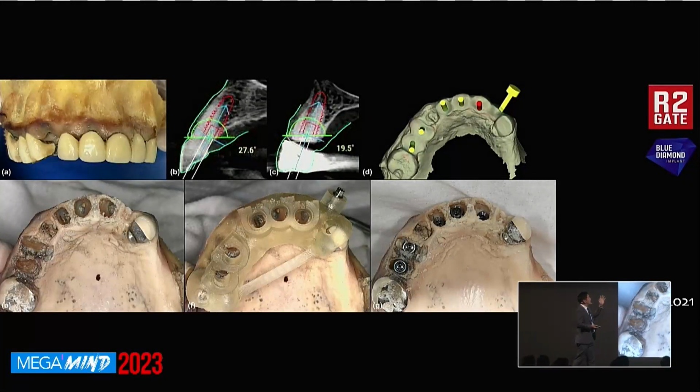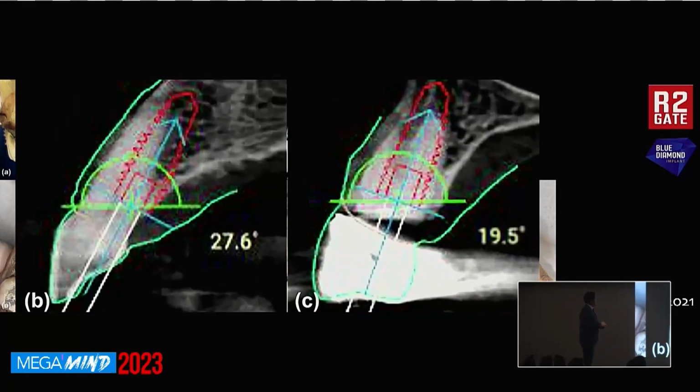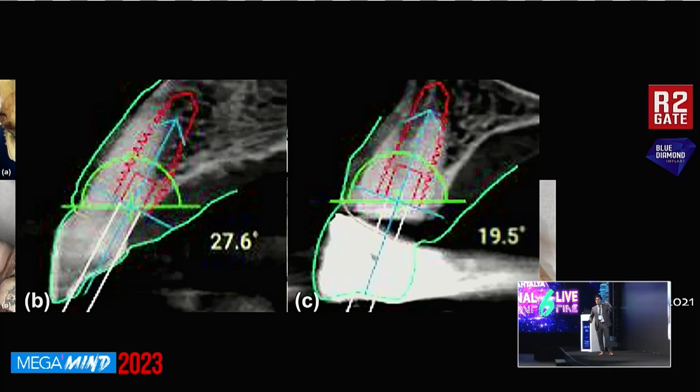As I said, we collected these jaws from the Department of Anatomy, and among the teeth that I could pull out, we only decided to pull out single-rooted teeth, which were incisors, canines, and single-rooted premolars. In the case of incisors and canines, I planned to place the implant along the palatal wall, which we usually do in the clinic. And for the premolars, I planned to place the implant in the middle of the socket.